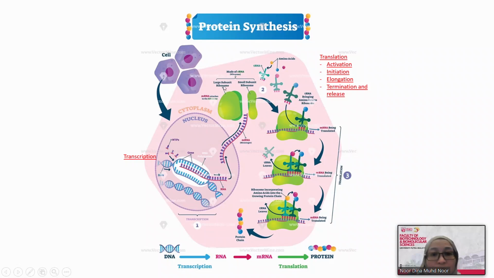Okay, and we have here the large and small subunits of ribosomes, which are very important ribosomes to actually guide the process of elongation and translocation of the protein synthesis.